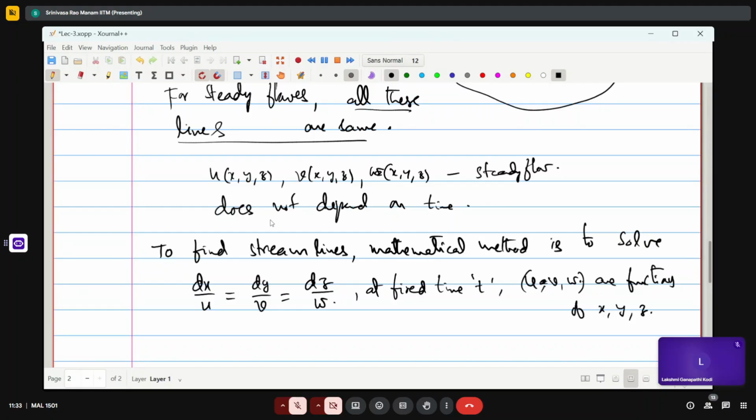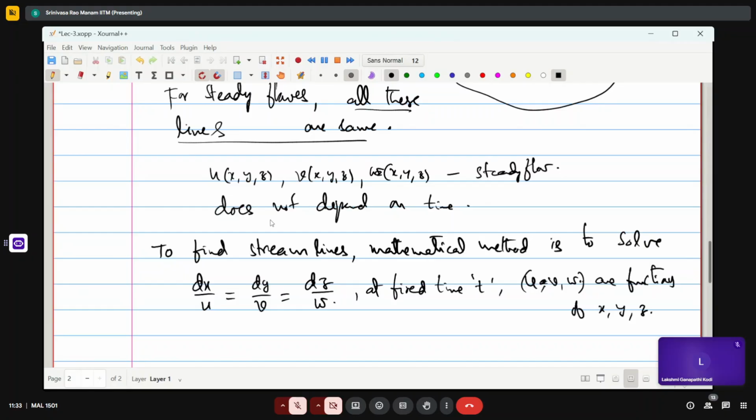Okay, so you try to understand the difference. For unsteady flows, for example, keep in mind some diffusion process in some fluid, or in the air you release some smoke particles. If you follow them, they go different ways, so the streakline is different and the streamlines may be different. At a particular instant, you connect all those streamlines to see exactly what the flow is.